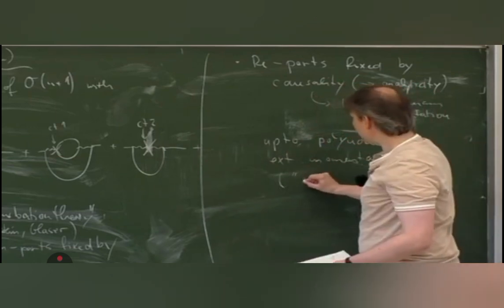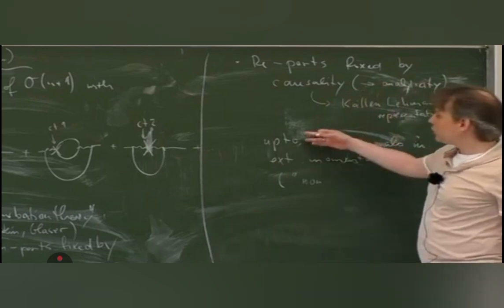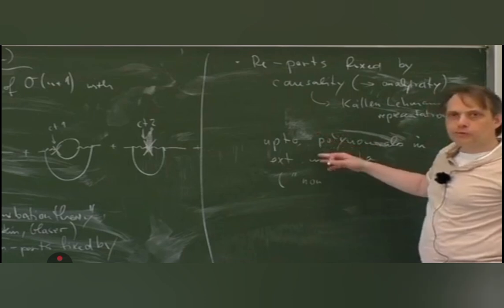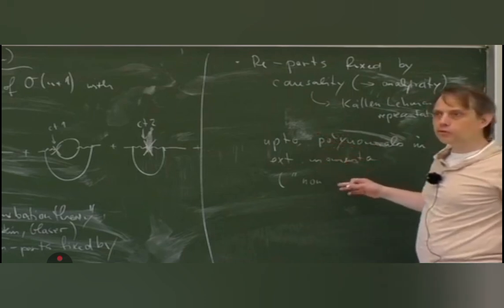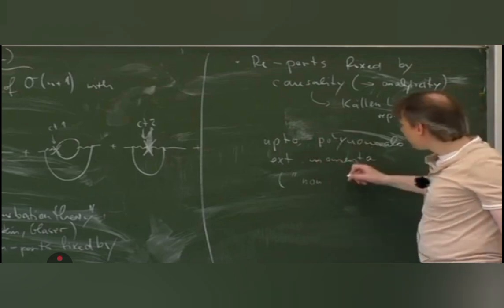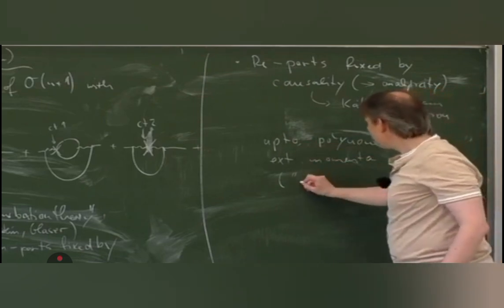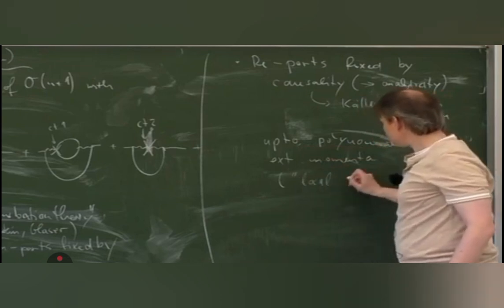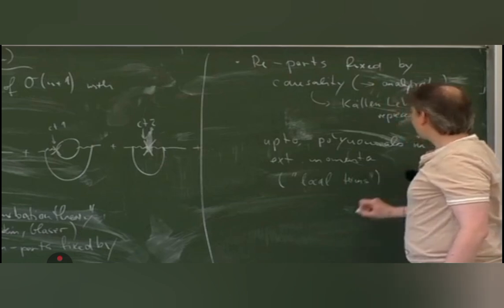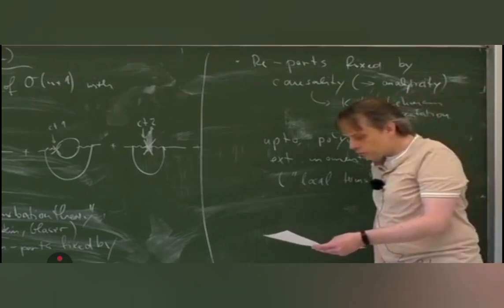And often we think in terms of Lagrangians. If we are in momentum space, a polynomial in momenta becomes a local expression in the Lagrangian with a finite number of derivatives, because momenta become derivatives. So a polynomial is a local term in the Lagrangian. So we can say the real parts are fixed up to local terms. We can add local real terms.